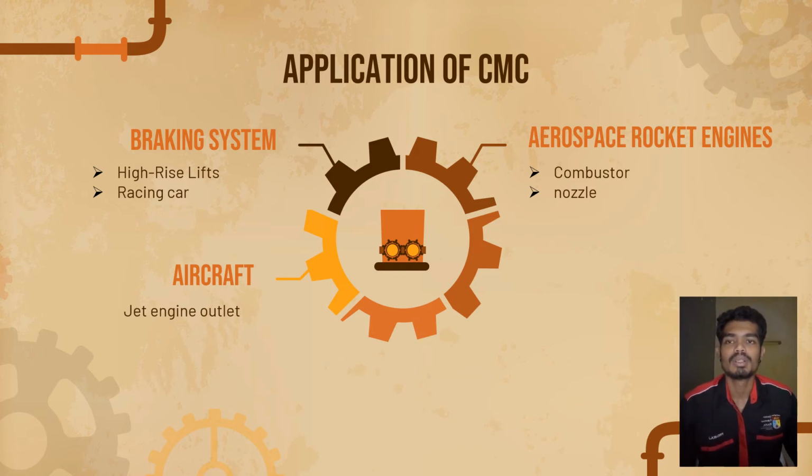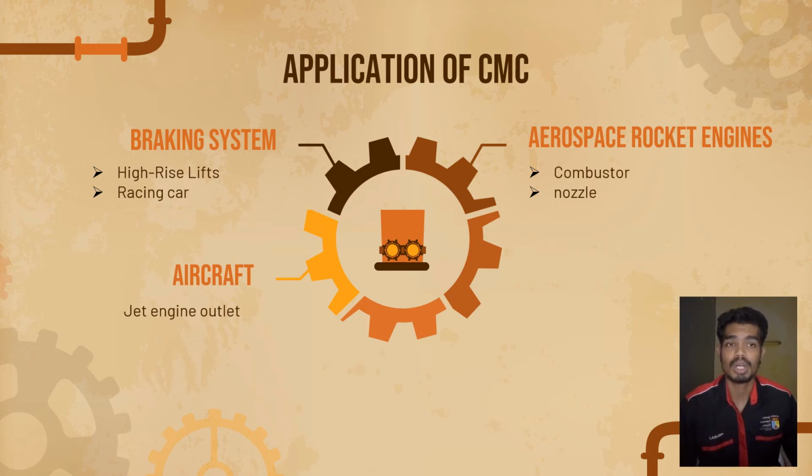Next application is for racing cars, where it's the same application of braking system as in the high-rise lift. The next application is the aircraft, where CMCs help to reduce the weight, double the ratio, with an improvement of 100 to 200 degrees Celsius in high temperature resistance.